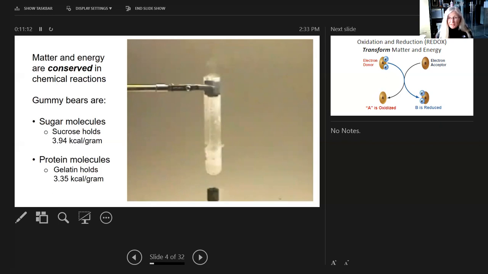So as you watch that, we put the gummy into the heated chemical solution, which caused it to break down. So the carbon, the hydrogen, and the oxygen that were in the molecules of sugar and protein, where did they go? You probably noticed that while the reaction was occurring, you could see steam coming out at high speed.